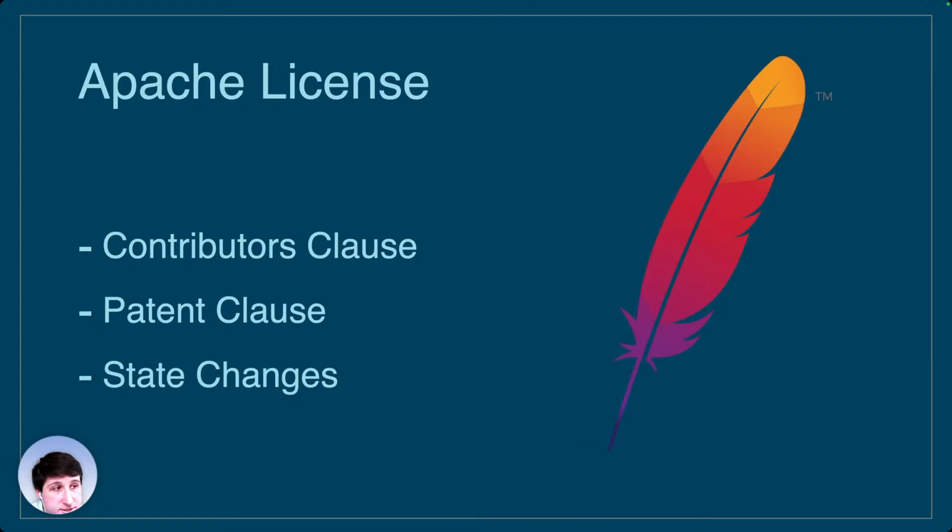What the contributors clause says is if you contribute to the original open source project, by default, your contribution will also be under the same license. For example, if I have a project on GitHub and somebody gives me a pull request saying, I want to put this patch in, I want to add this part, is that patch under the same license?